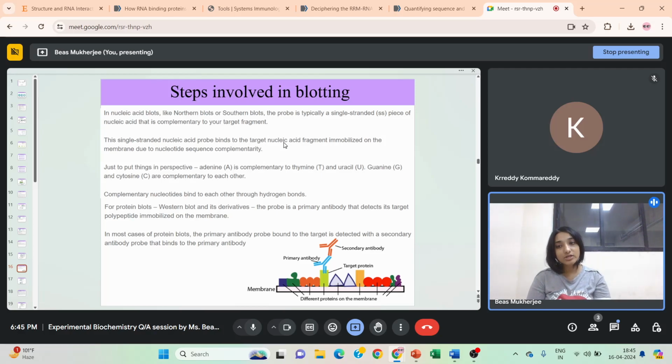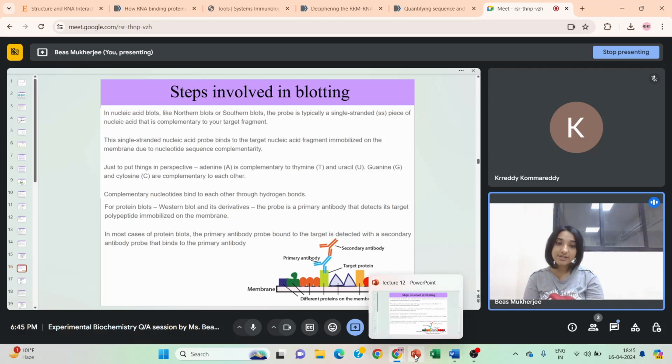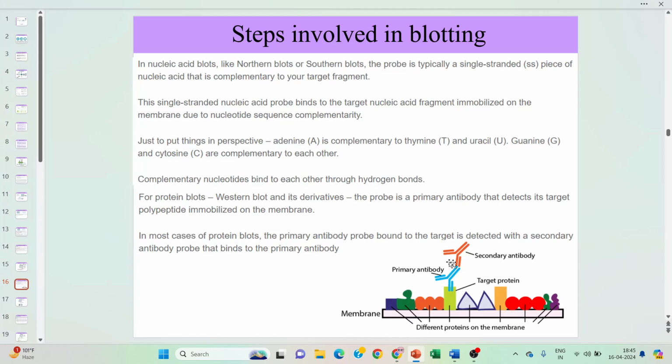Then for protein blots, Western blots and its derivatives, the probe is a primary antibody. So what I was telling you is that this is the probe. The probe is basically your primary antibody, which is complementary to the protein. The protein is the antigen.